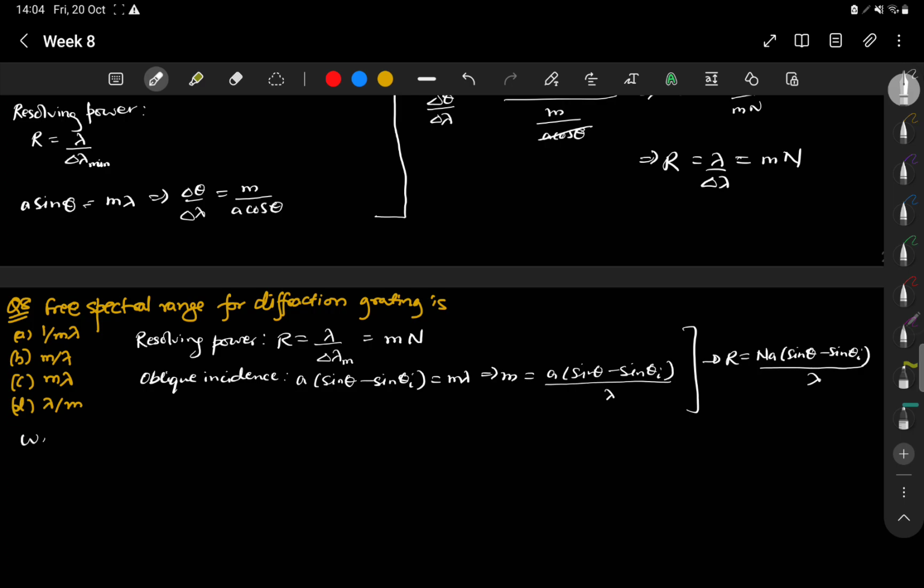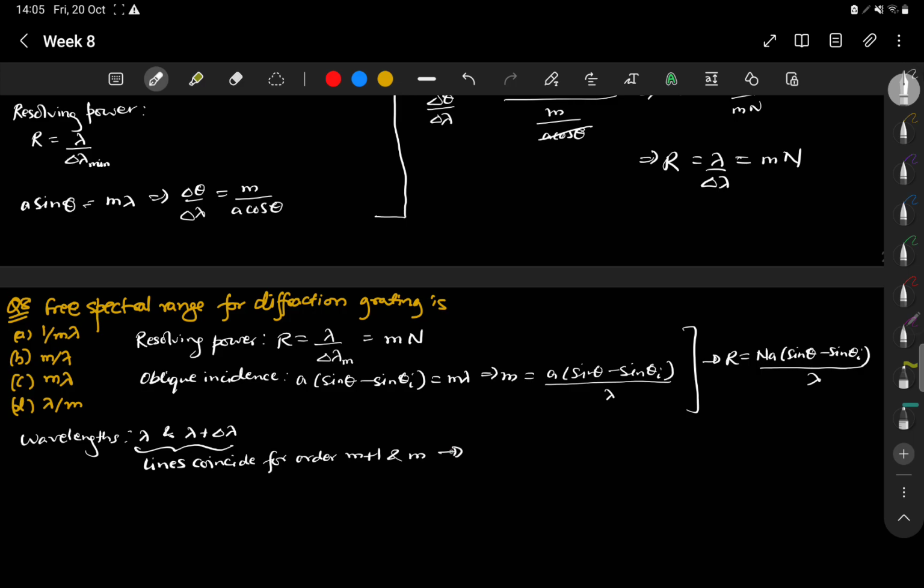Now when we have two wavelengths, lambda and lambda plus delta lambda, and let us say the lines for these coincide for the orders m plus 1 and m.